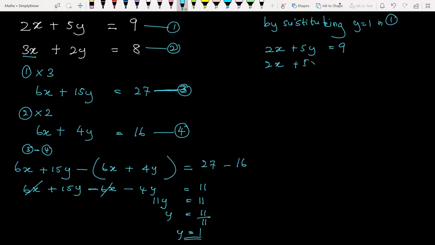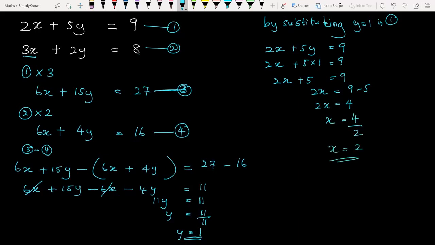So 5 times 1 now. 2x plus 5 equals 9. So 2x equals 9 minus 5, which is 4. So 2x equals 4. x equals 4 divided by 2, which is 2. x is 2.